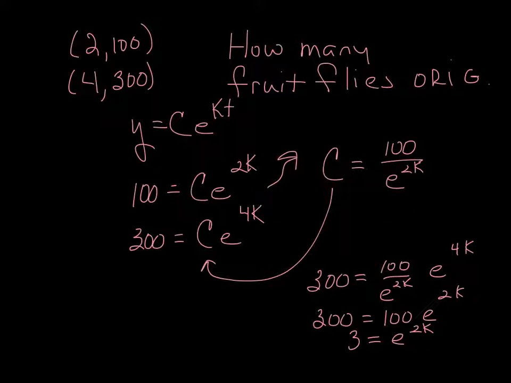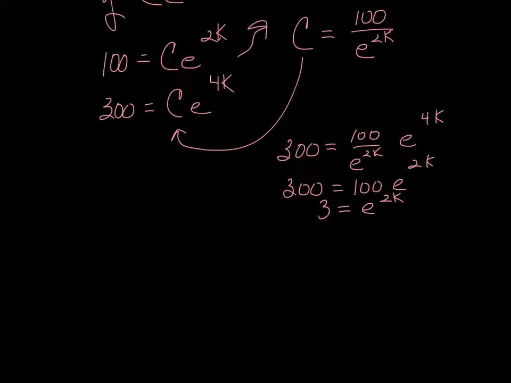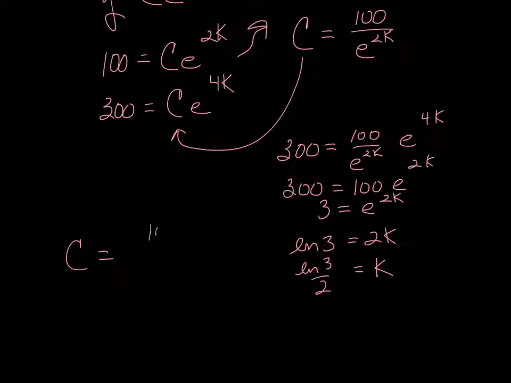And now we can solve this for k. So the natural log of 3 equals 2k, k equals the natural log of 3 over 2. So C is 100 over e to twice the natural log of 3 over 2.